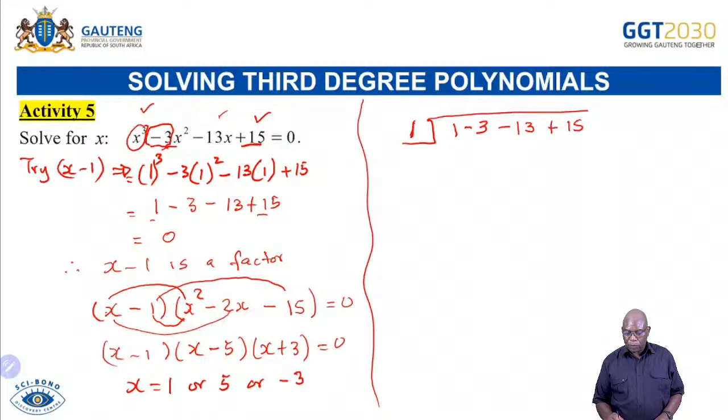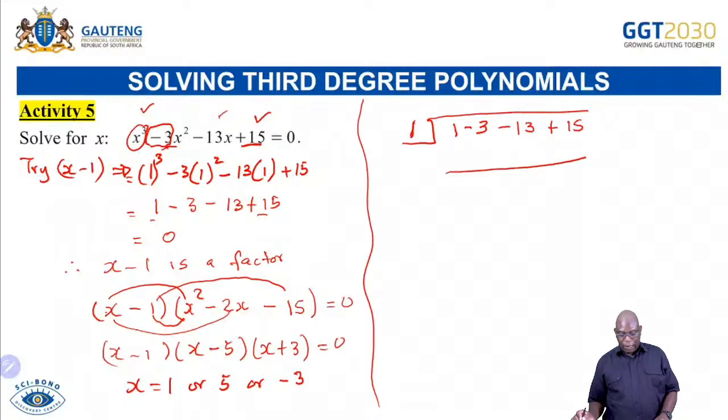Remember, I'm now going to add. I don't subtract in that, I add. So the 1 I'll carry here. Then 1 times 1 will give us a positive 1 here. Then if I add, remember it's minus 3 plus 1, which is going to give us minus 2.